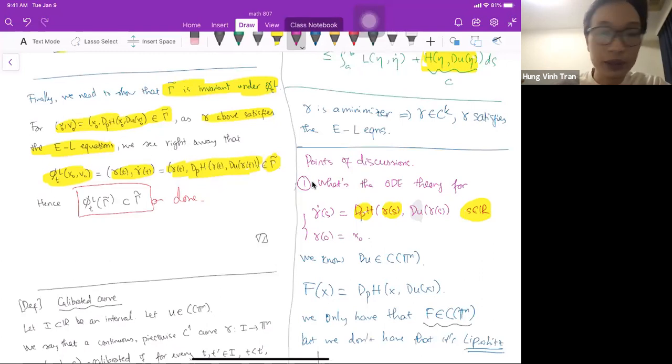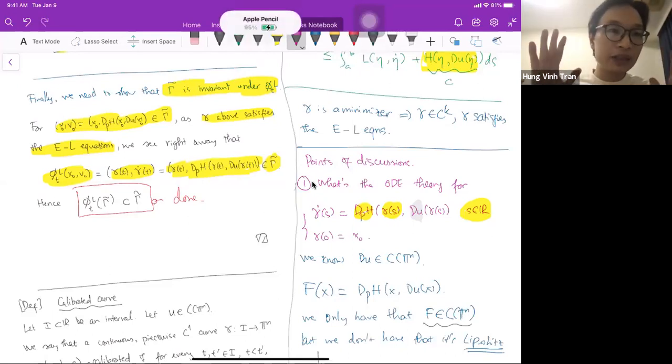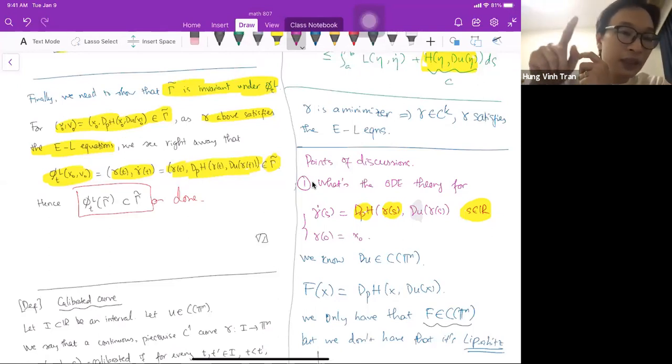For the Euler-Lagrange equation, when you write it down, there's no u, right? So that's a very good question. Unfortunately, my pen is frozen, so I cannot write it down. But what I meant here is that the Lagrangian flow is just satisfying the Euler-Lagrange equations. You have d over dt of d_v L equals d_x L, right?